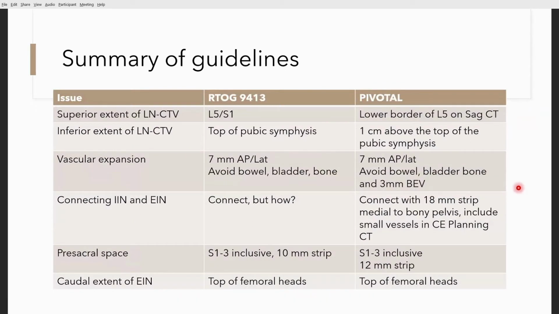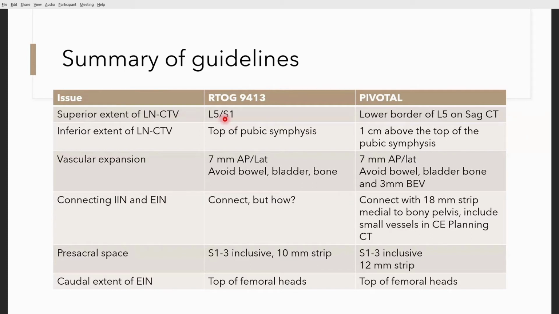Now, the UK pivotal study, before it rolled out the study, when it was looking at its own protocol for contouring, did a very detailed analysis of previously published nodal volumes, and they have slight differences from the RTOG 9413, which shows that the superior extent of the lymph nodal CTV is at the L5S1 level.